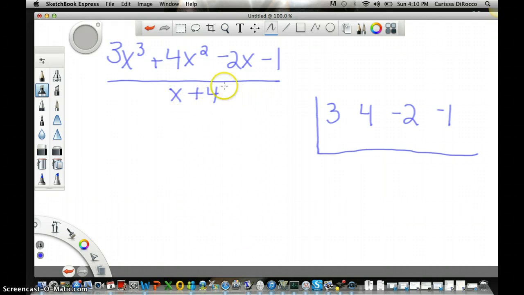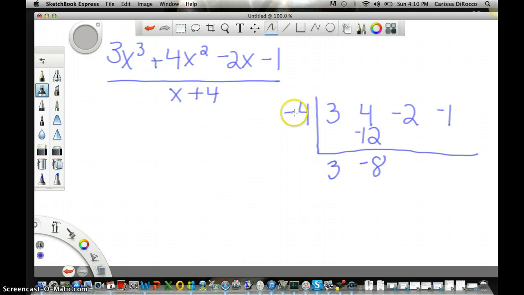We're going to divide that by the opposite of +4, which is -4. So you're going to bring down the first term, and then you're going to multiply -4 times that 3 and get -12. You're going to add that together, 4 and -12, which will give you -8.